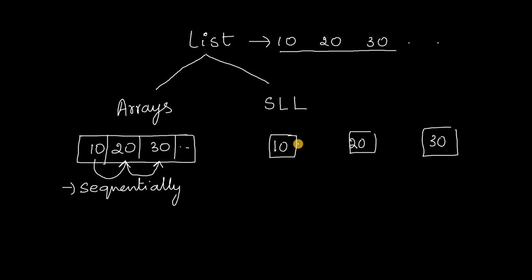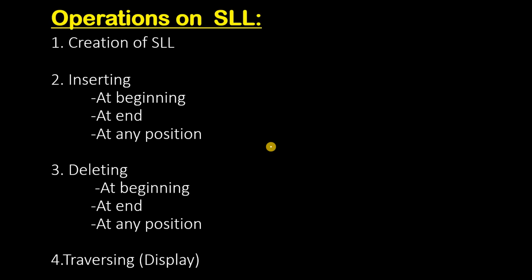So I should form a link between all these elements. There must be a link between the elements. That's why it is called a linked list. And what is the meaning of singly here? Here I am going to use only one address to form a link. That's why it is called a singly linked list.